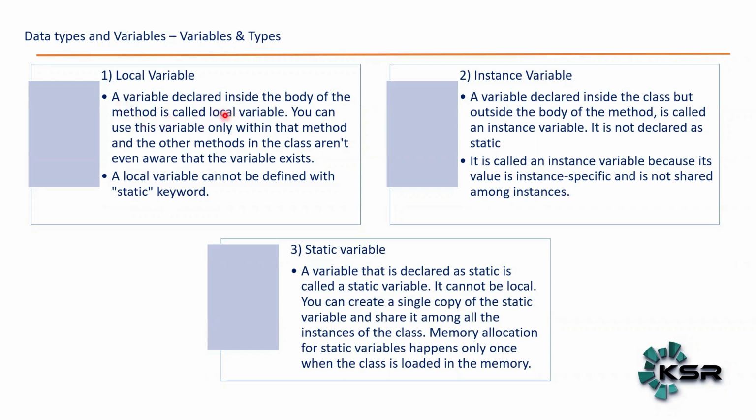A variable declared inside the body of a method, within the body only, has visibility within that particular method only. That is called a local variable. Let me repeat. In a method, for example interest calculation, within it you declare int rate, an integer interest rate.